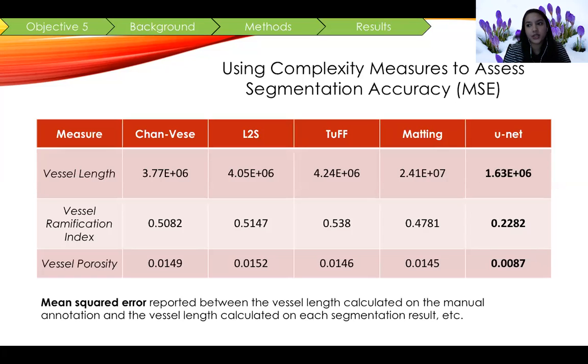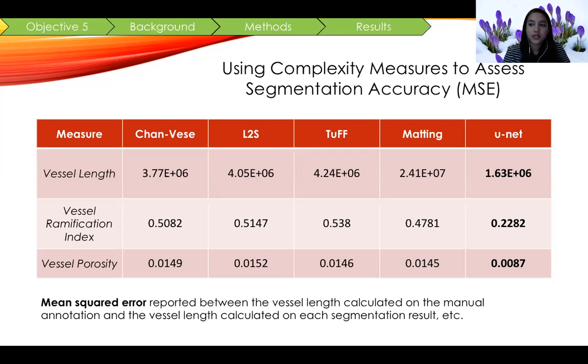All three metrics, length, vessel ramification index, and porosity, were run on segmentation results and compared to the ground truth using mean squared error. The unit segmentation results have the lowest error for all three measures compared to the ground truth complexity values, as shown in the table. Vessel length varies widely because the skeleton produced changes enormously with any small change in the segmentation.